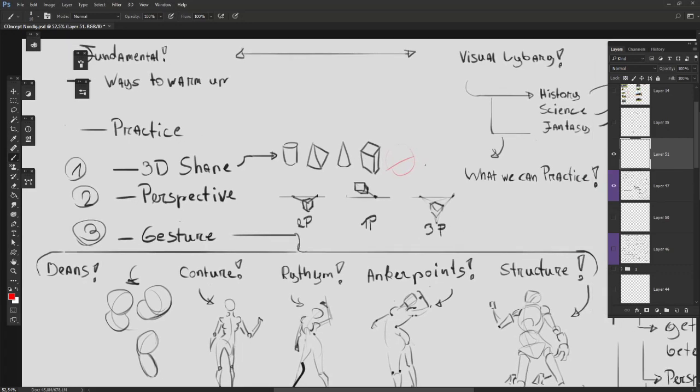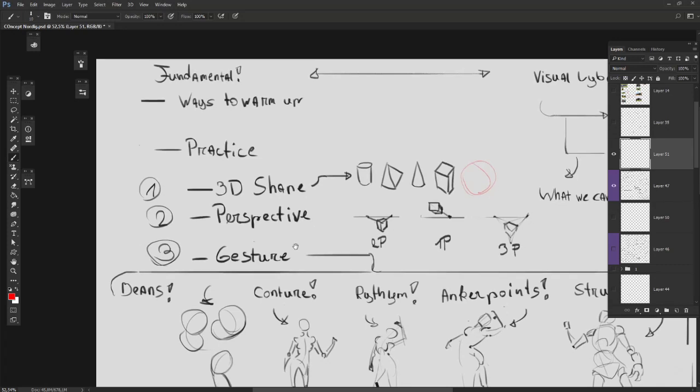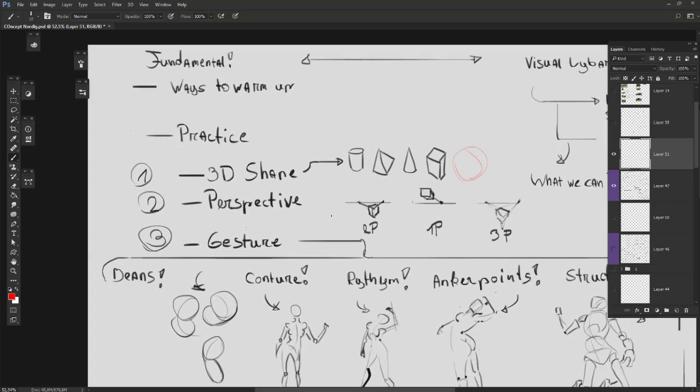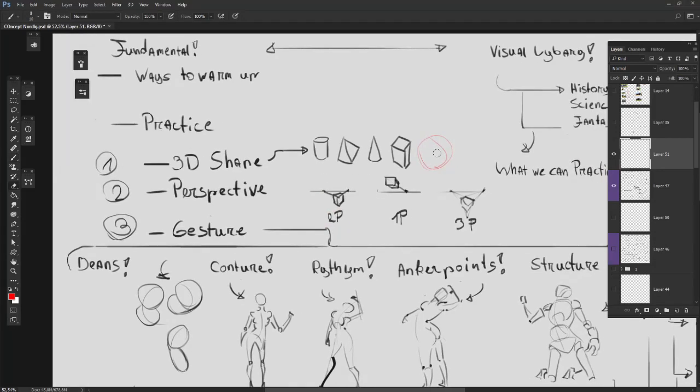The ellipse part, and then the sphere, in which direction it goes. So these are really essential, and with perspective we can make them way more better.